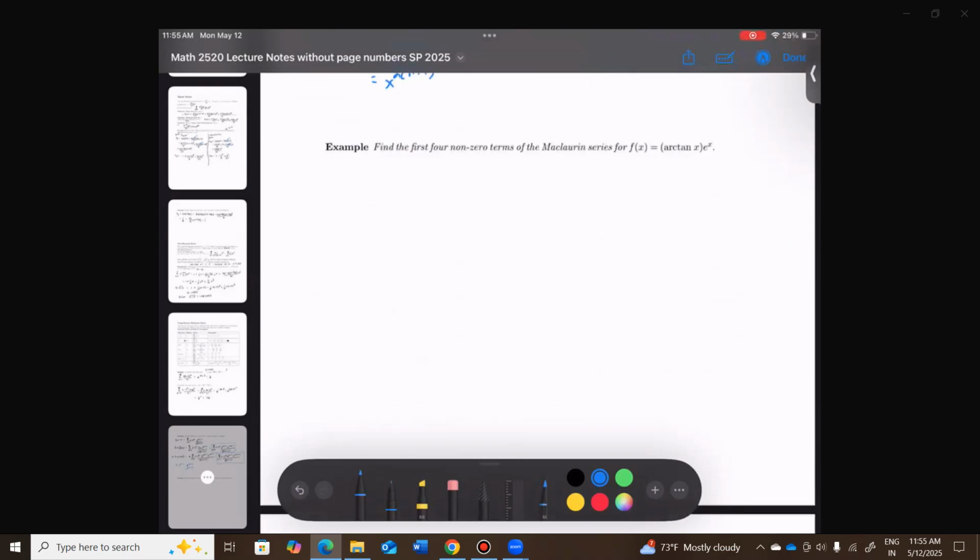Alright. Find the first four non-zero terms of the Maclaurin series for arctangent x times e to the x. Alright, so arctangent x is x minus x cubed over 3 plus x to the 5th over 5 minus x to the 7th over 7, and so on.